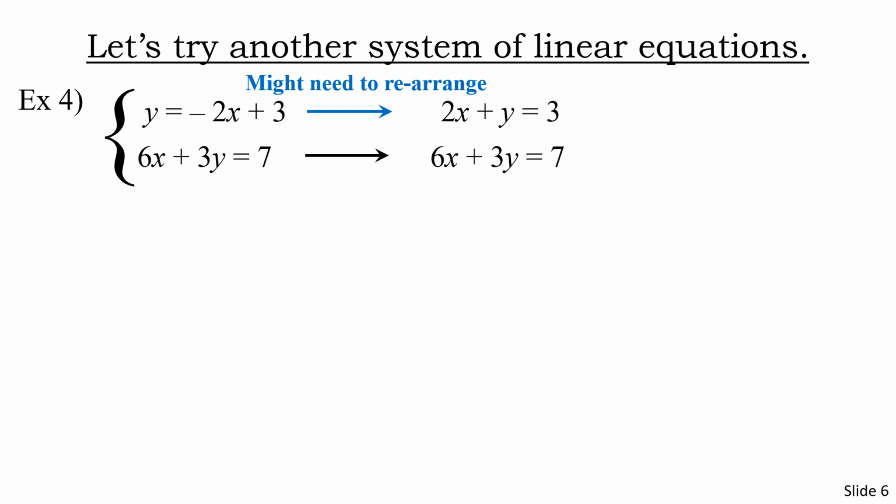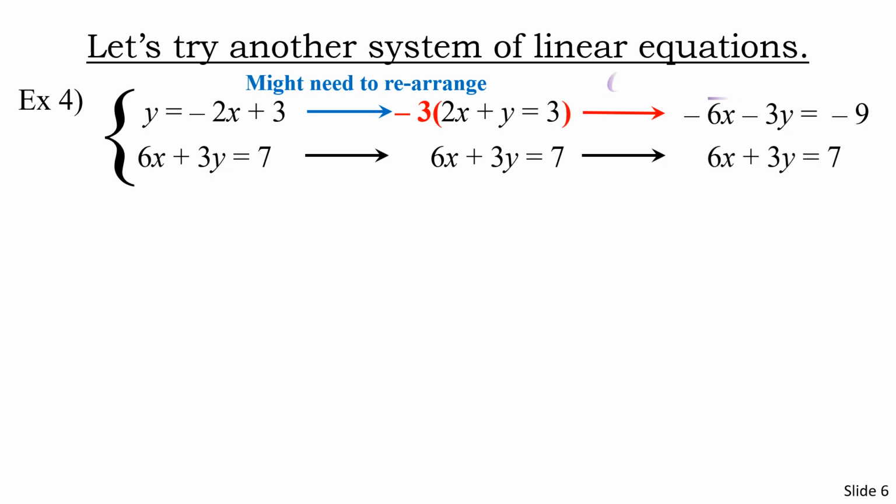So I moved the negative 2x from the right to the left where it became a positive 2x. Now, I'm not given any opposites, so I'm going to turn the x's into 6's. So I'm going to multiply the top equation by negative 3. And opposites.